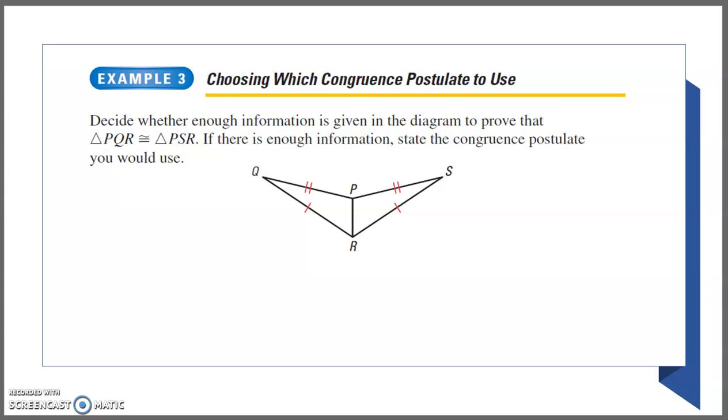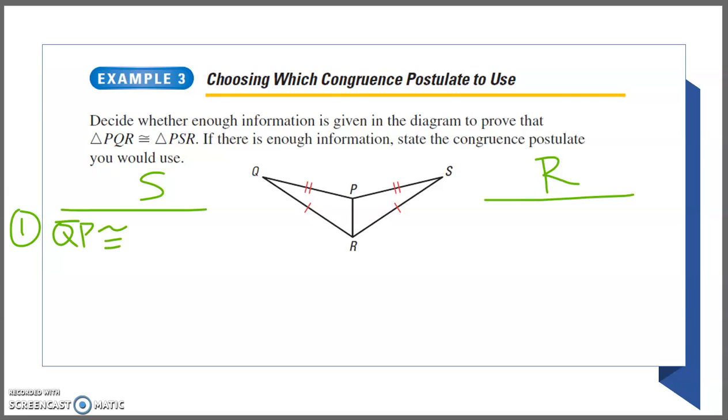All right, let's try another situation. We're going to decide if there's enough information to prove those triangles congruent. So let's start with our statements and our reasons. Let's make this first statement: I'm going to conclude that QP is congruent to PS, and that's just given by the tick marks.